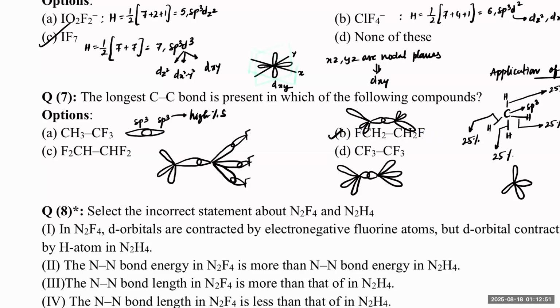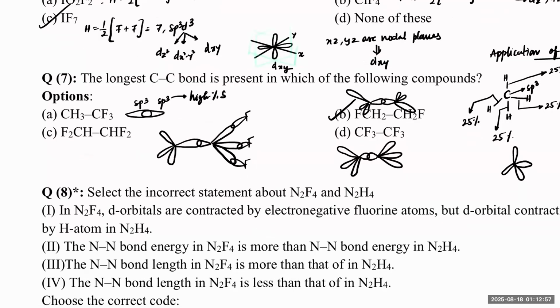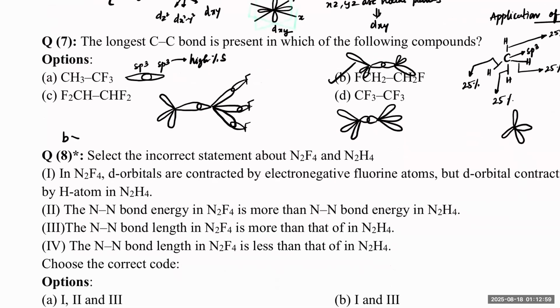So which one will be the longest one here? This one. Got it? So what is the correct order? It is B greater than C greater than A greater than D. This will be the longest carbon-carbon bond length order. Everyone clear on that?